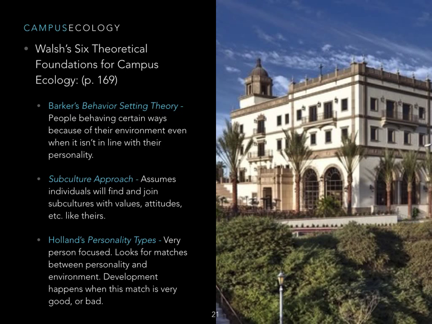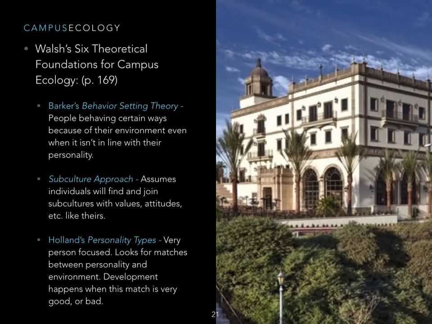Another one that plays into Walsh's 6 theoretical foundations for campus ecology is the subculture approach. The subculture approach assumes that individuals will find and join subcultures with values, attitudes, etc. like theirs. So this might look like a fraternity where you really want a strong sense of brotherhood, and so you look for a certain fraternity that aligns with your values.